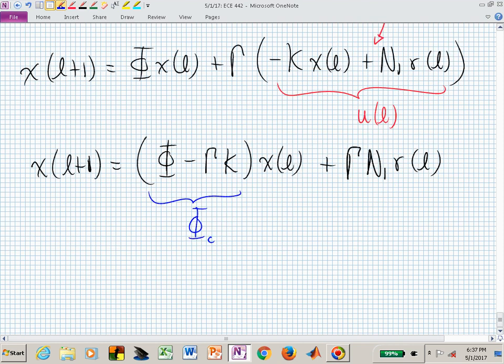And we haven't changed anything with respect to our output. Our output y is still h times x of L. That's our output relationship. What do we want? We want to have y, the output, tracking r, which means we would like to be able to select n sub 1, which is a scalar if it's a 1 by 1, if it's a single input, single output system. We want to figure out how we find what we want n sub 1 to equal.